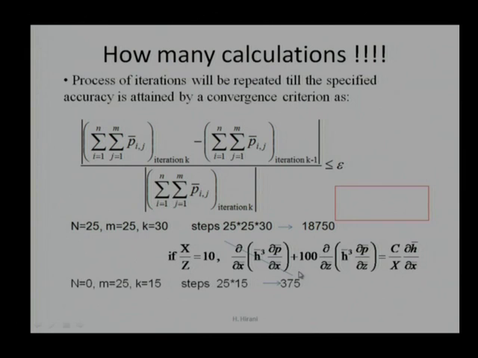We know that on each step there will be a number of calculations, maybe more than 1000 calculations at each step. So, how many steps are we going to save? Almost 50 times. Obviously, 18,750 divided by 375 gives me the figure 50.